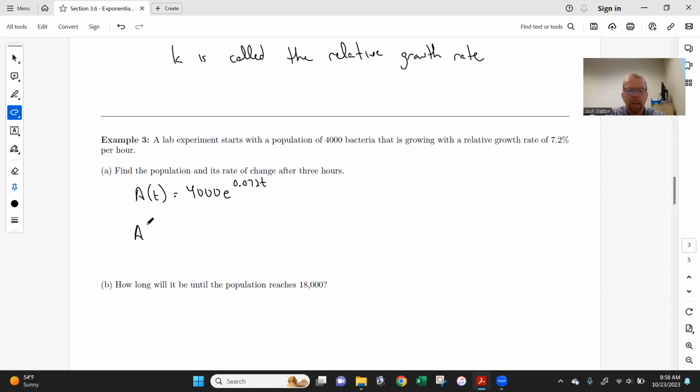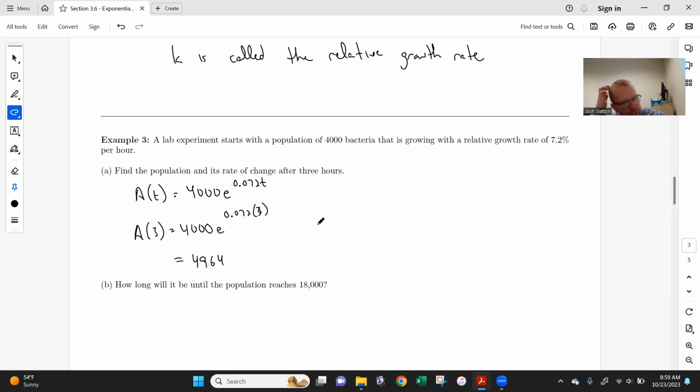And we're going to find A of 3. So 4,000 e to the 0.072 times 3. And that is 4964. We're going to cut off all the decimals, round to the nearest integer because we're talking about bacteria.